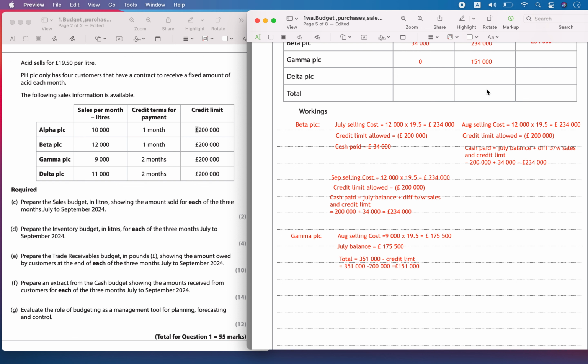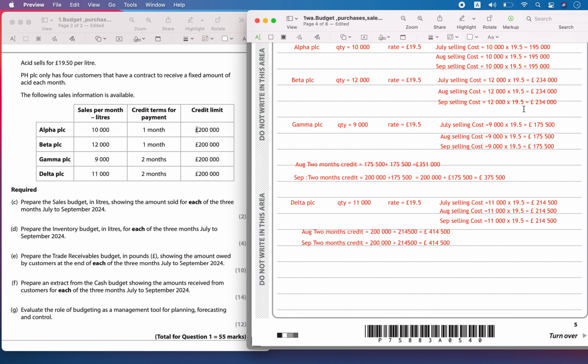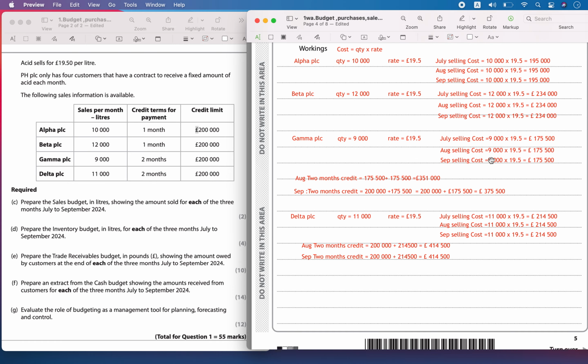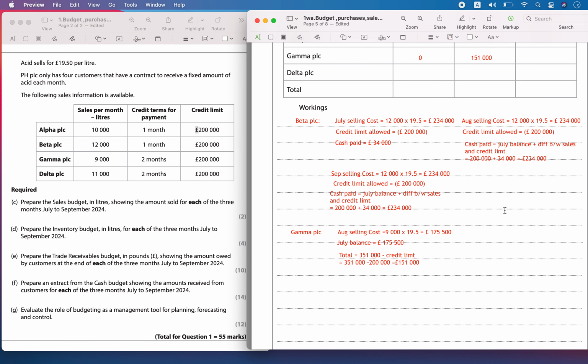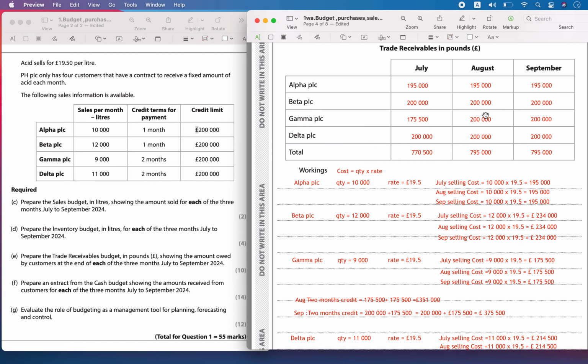151,000 of the remaining cash for the month of August. For the month of September, let's calculate what happens. They had to pay the revenue of this much, and then what is the August balance?